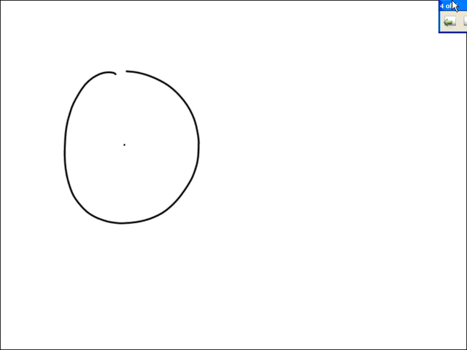In other words, if that's the center and you go like this, this is not our central angle. In fact, maybe what I've been saying was a little bit wrong. See if we can go back.